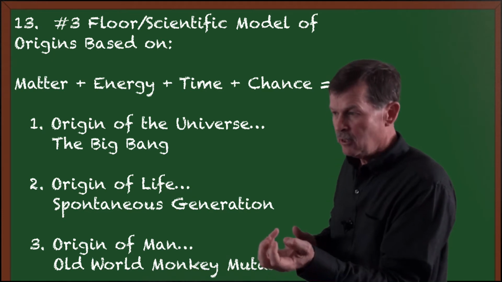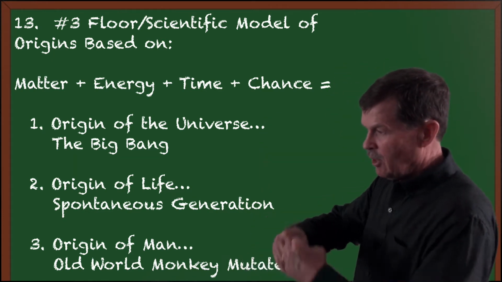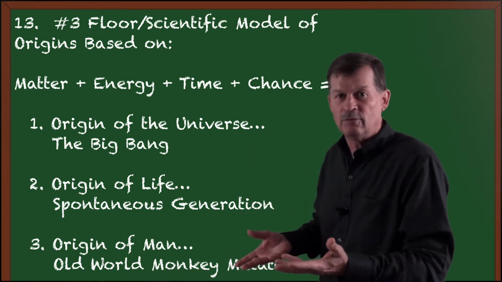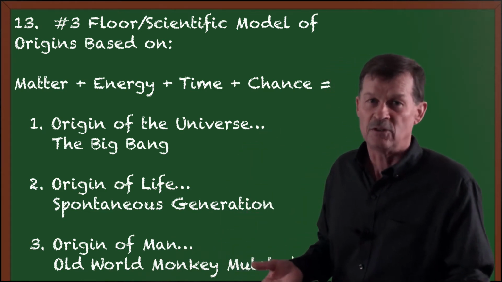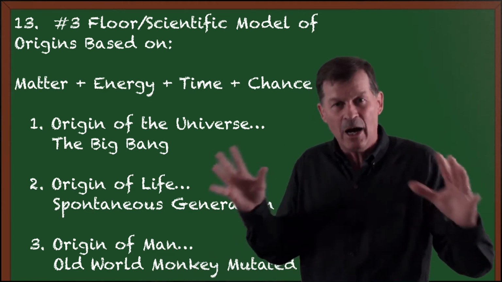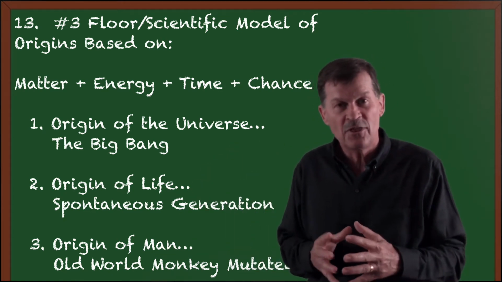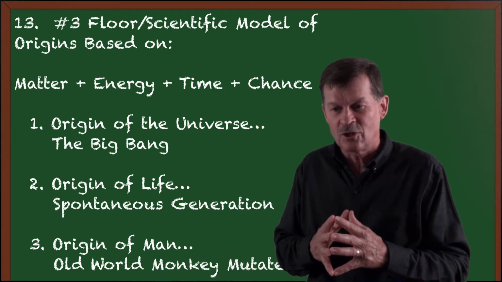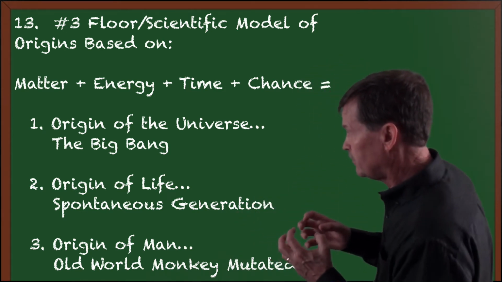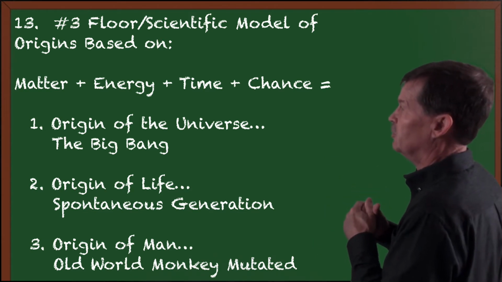So you have matter, you have energy, you have an explosion, and over time, by chance, you get the universe system. So it fits the model. It fits the house. So it is a theory that is congruent with it. So that's the origin of the universe.